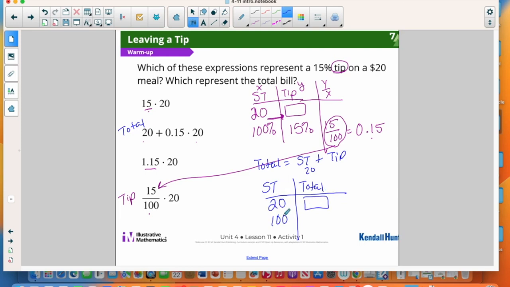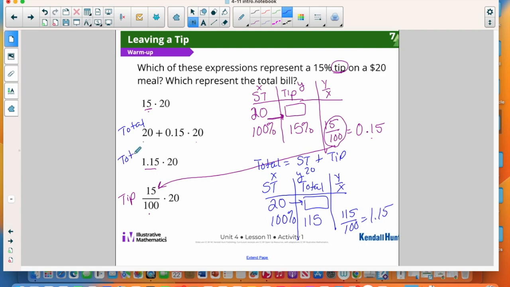Subtotal is $20 and 100%, but the total is going to be the subtotal plus the tip, or 100 plus 15, which is 115, which makes my y divided by x 115 divided by 100, or 1 and 15 hundredths, and we would use that to multiply by 20 to find our total.